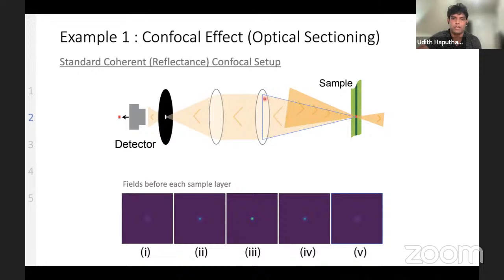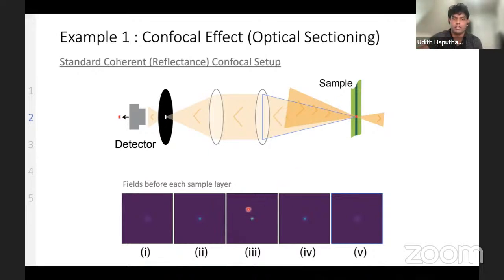The reflected light that comes from that point then goes into this pinhole, and the pinhole removes the light that comes from the other places of this cone. If we use a detector and detect this pixel, the value will be similar to that particular point. This figure shows what the illumination field looks like immediately before each plane of the sample.